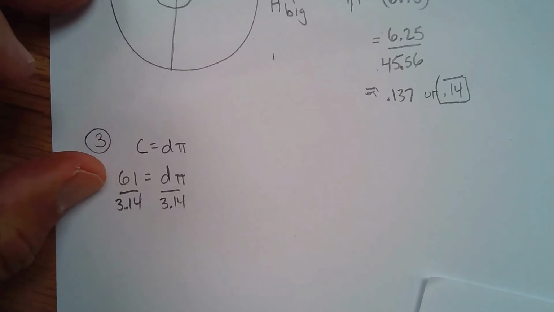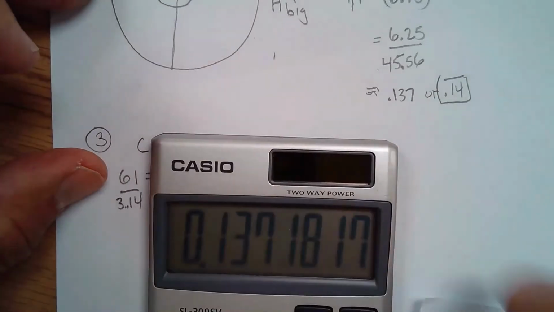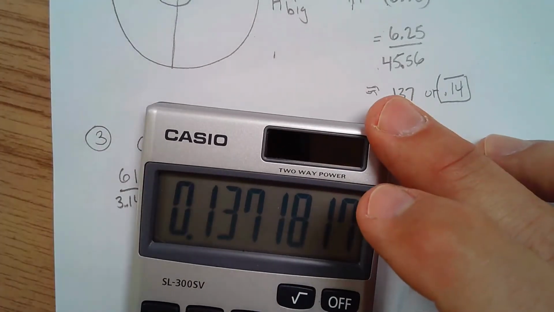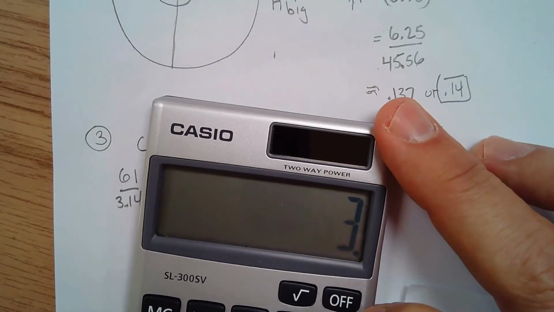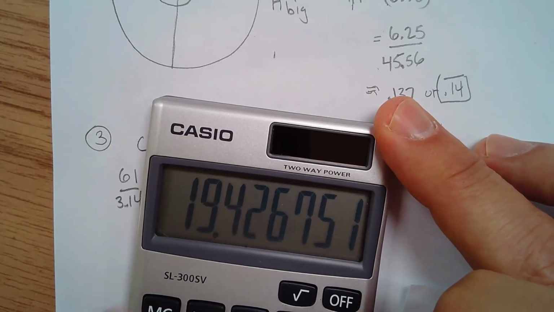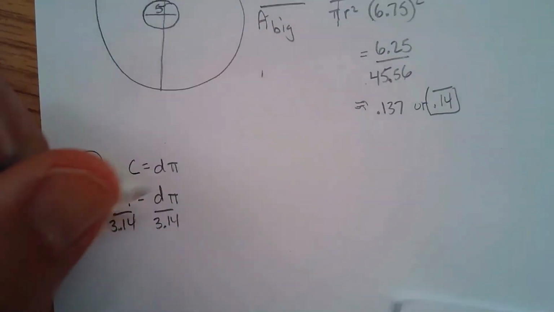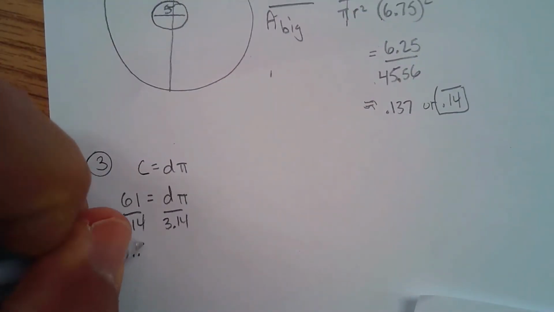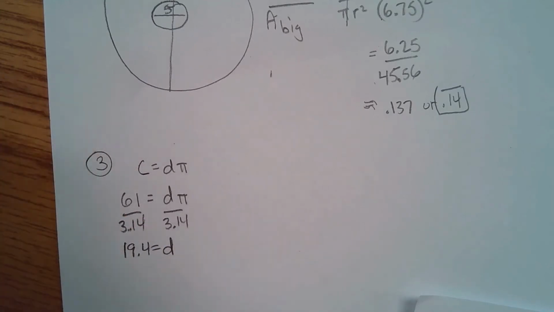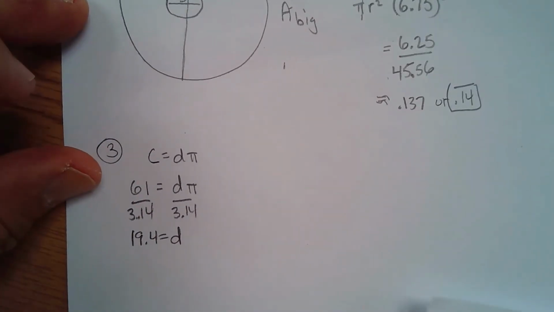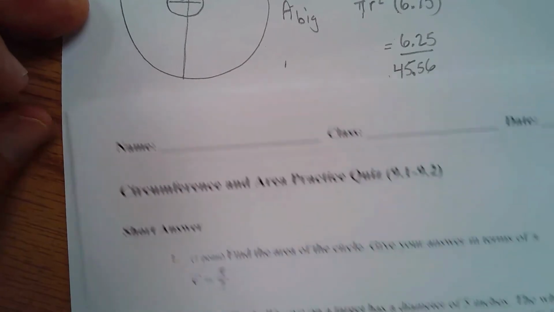So we need to know what 61 divided by 3.14 is. That's 19.4. I'll call it 19.4. So 19.4 is the diameter.